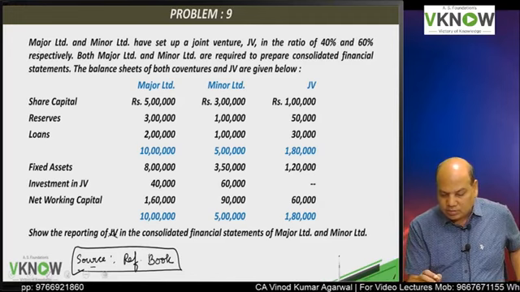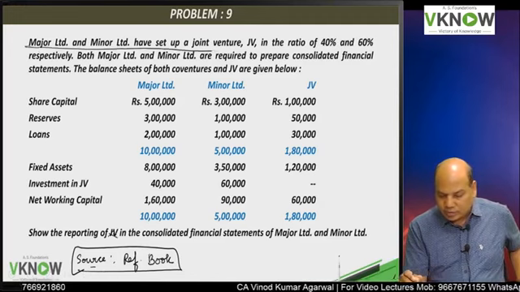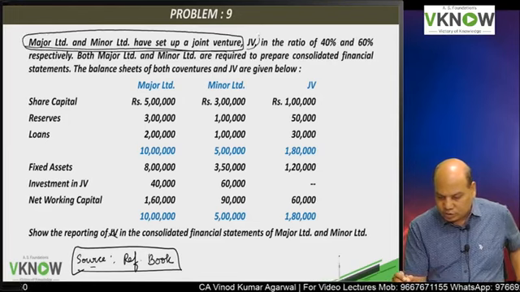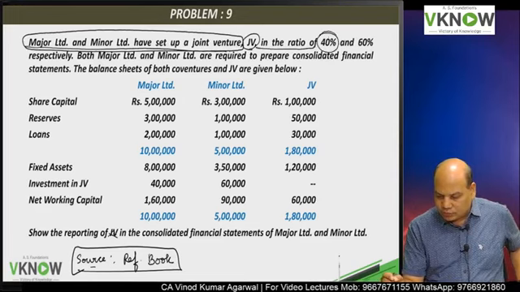Major Limited and Minor Limited have set up a joint venture called JV in the ratio of 40% and 60%.